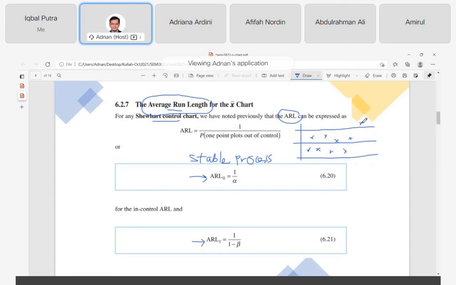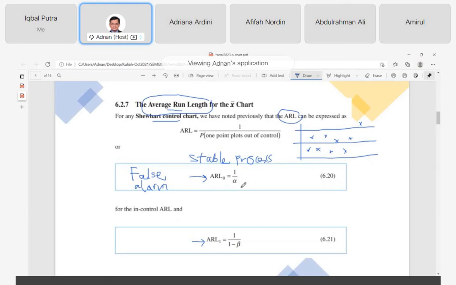This 1 point actually comes from a stable process, but because of imperfection in sampling, we have what we call a false alarm. This is like when you have no fire, but suddenly the alarm is ringing. So ARL is a measure of how long a stable process will run until the first time a false alarm triggers.